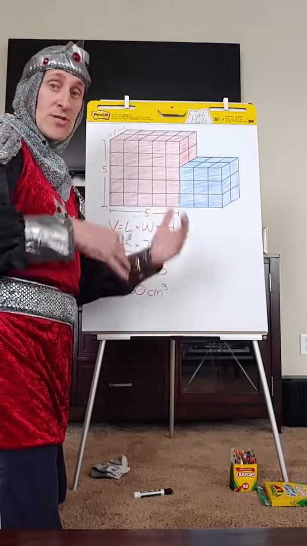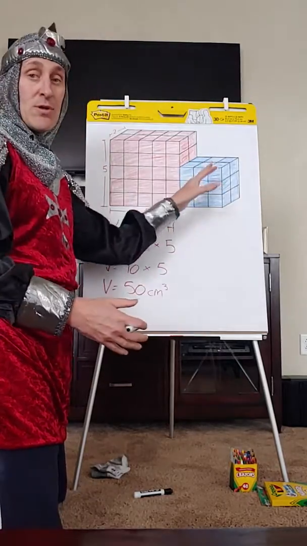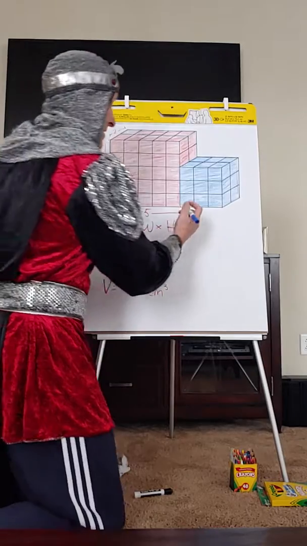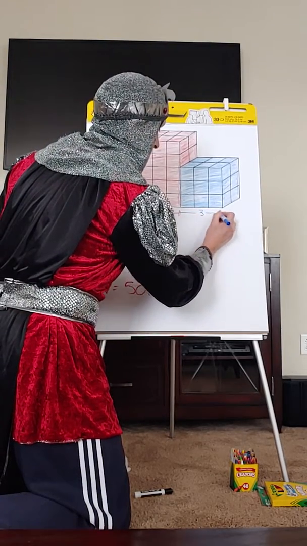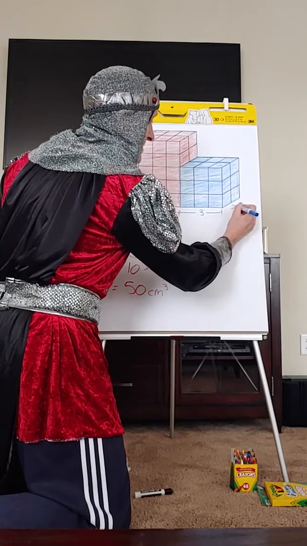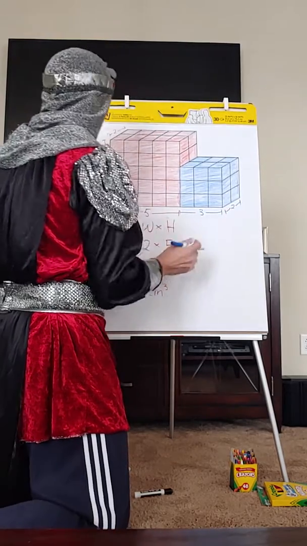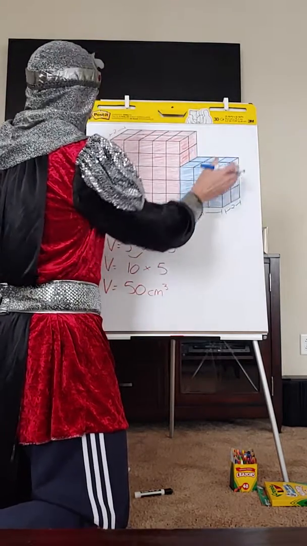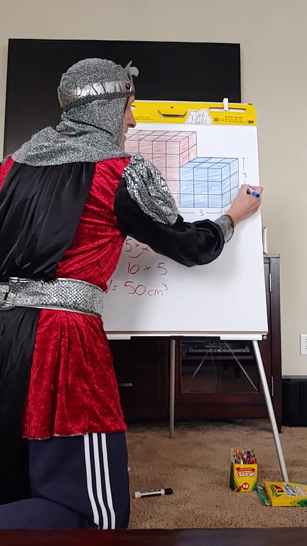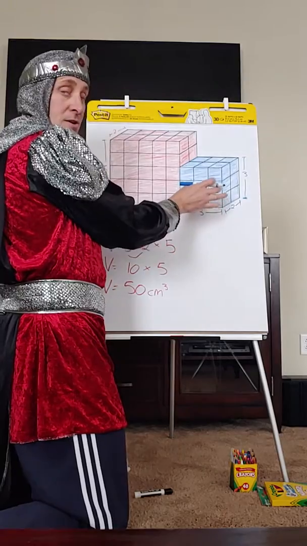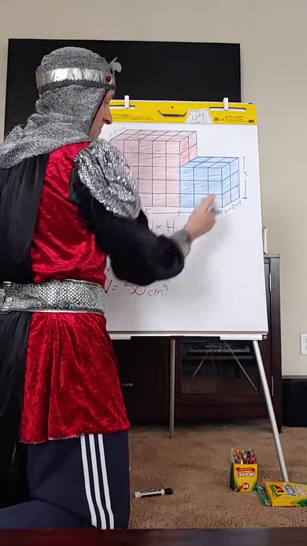And again, you could type in blue and shade in blue, or whatever colors you like. Length from here, 3 across. Width is still 2, but this is where the height is different. The height, this side was 5, this side's only 3. So the height of this smaller rectangular prism is 3.